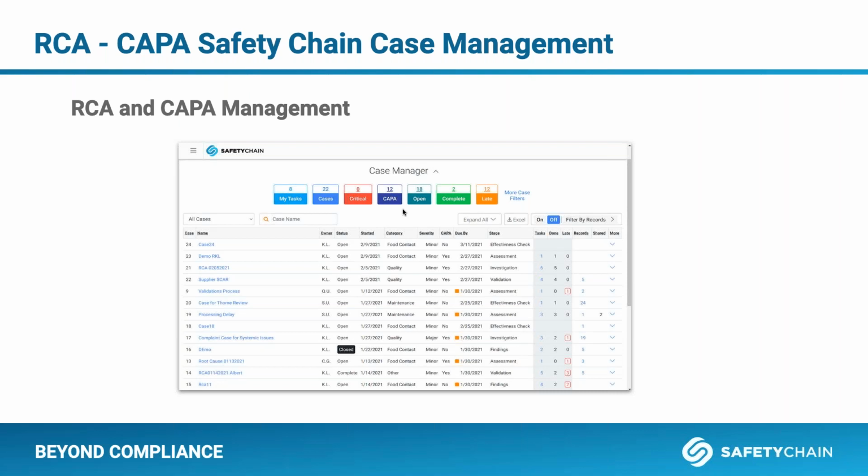I'm in Tampa, Florida, but we open a CAPA in California, and there's another one open in New York, at various levels and stages. In this column here I have various stages: I'm at the assessment phase, I'm at the investigation, maybe we did the findings, and now we're going to do an effectiveness check.